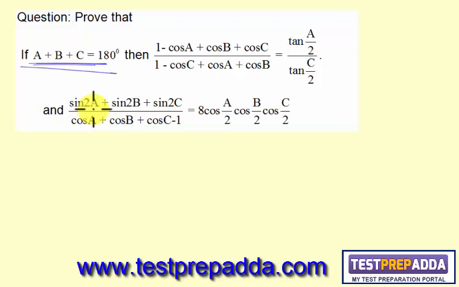And another one is (sin 2A plus sin 2B plus sin 2C) upon (cos A plus cos B plus cos C minus 1) is equal to 8 cos A by 2 cos B by 2 into cos C by 2. Try to prove these two.